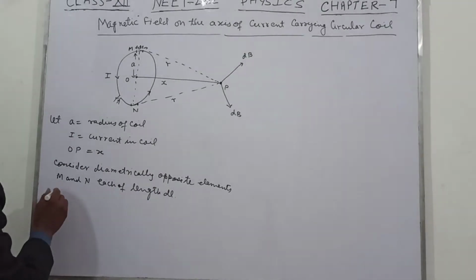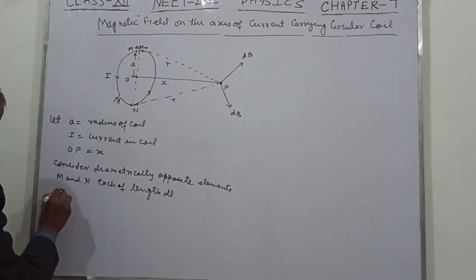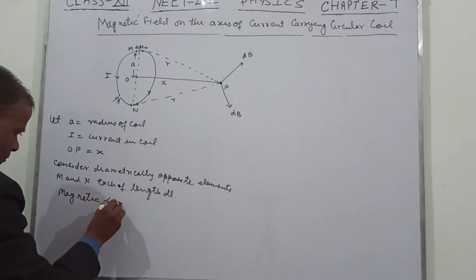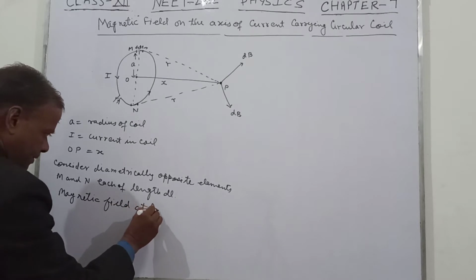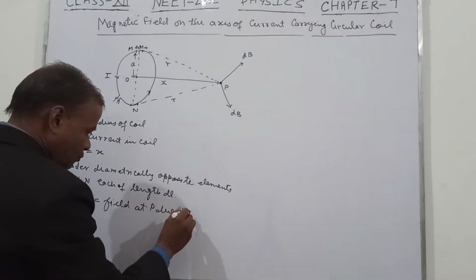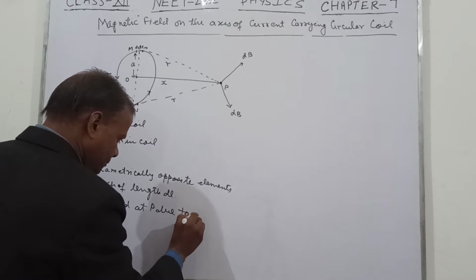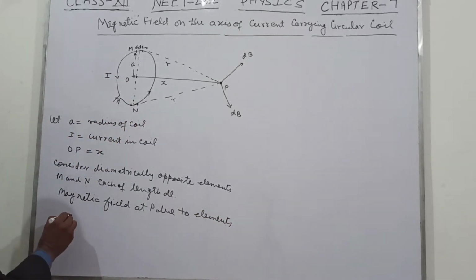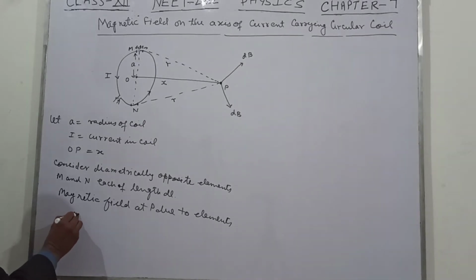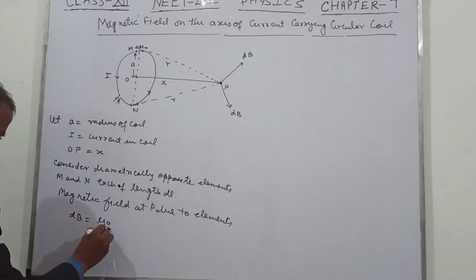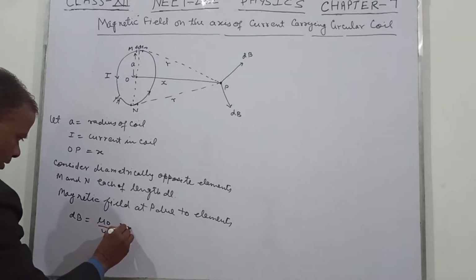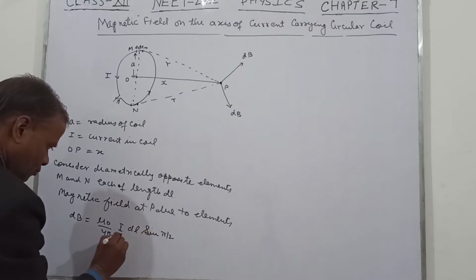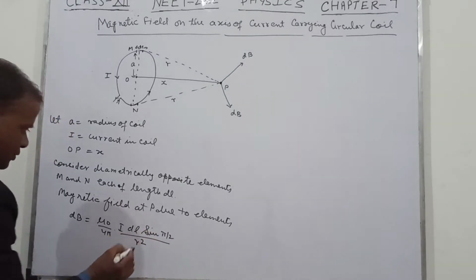So magnetic field at P due to elements, this dB equal to mu naught upon 4 pi into I dl sin pi by 2 upon r square.